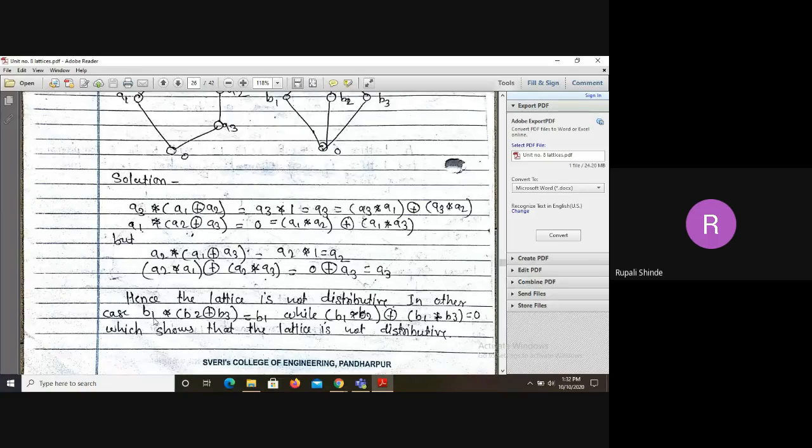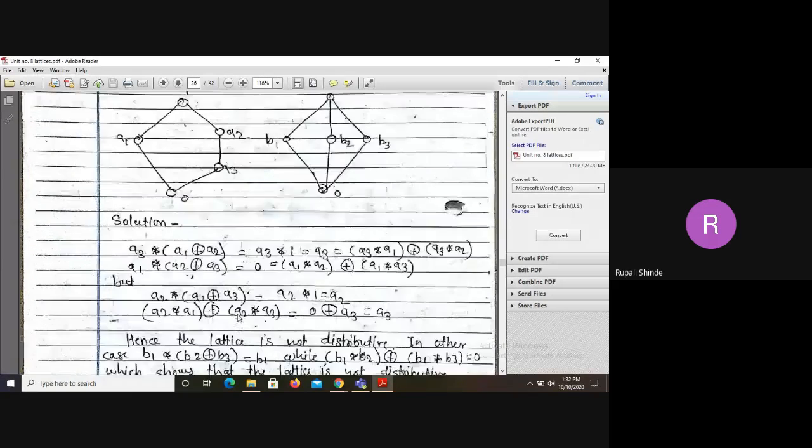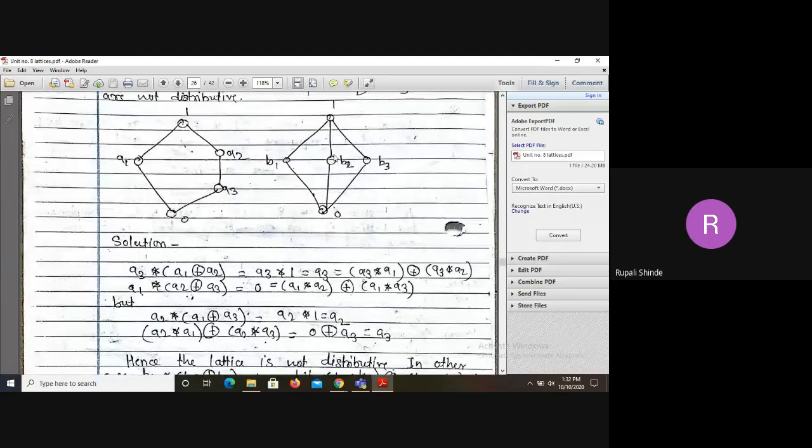For LHS we have written B1 star B2 XOR B3. So the value for B2 XOR B3, that is the least upper bound of these two elements B2 and B3.